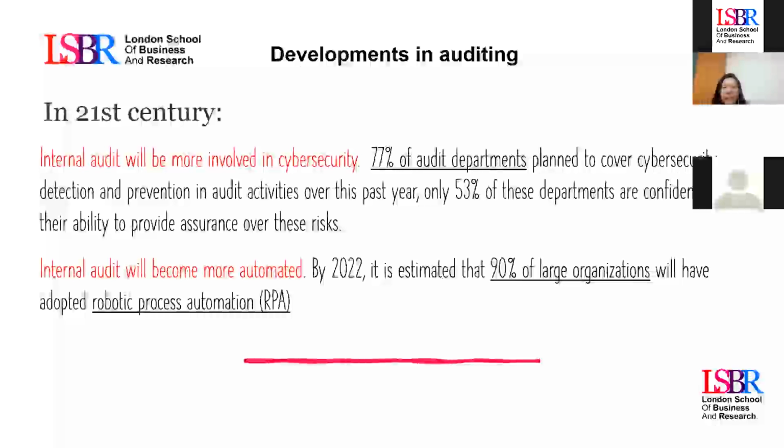And for example, these are some statistics: 77% of the audit departments plan to cover cybersecurity detection and prevention of audit activities over this past year, and only 53% of these departments are confident in their ability to provide assurance over this risk.